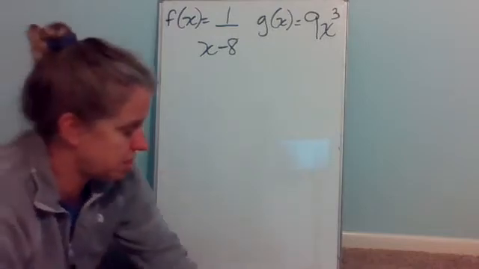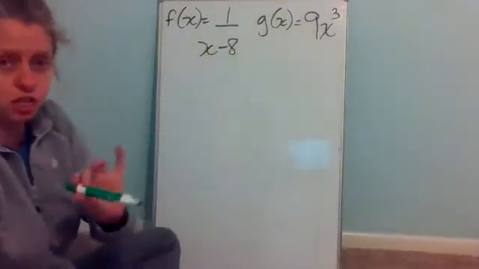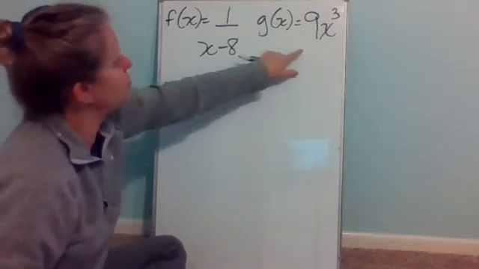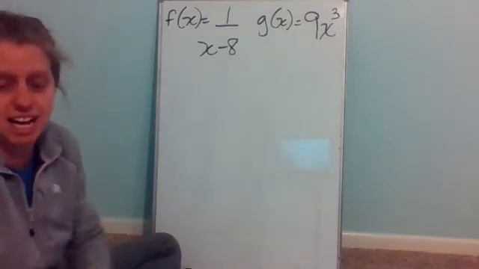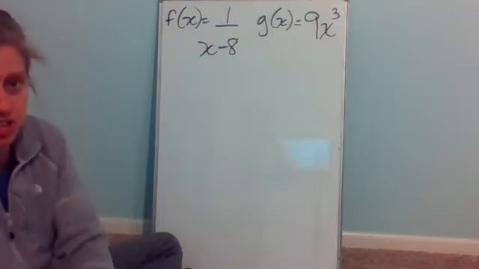So what it wants me to do, this is the one where it wants me to find the domain of three separate situations: the domain of the sum, the domain of the difference, and the domain of the product of these two functions. So what you're doing here is you're looking at both of these two original functions and seeing if there was a restriction in either one of those.